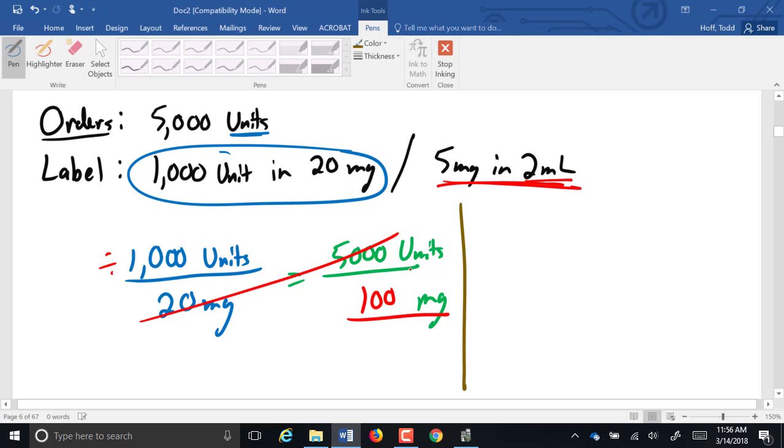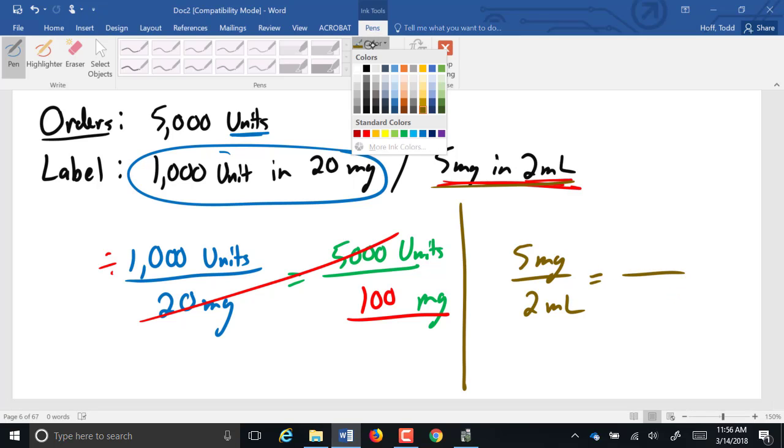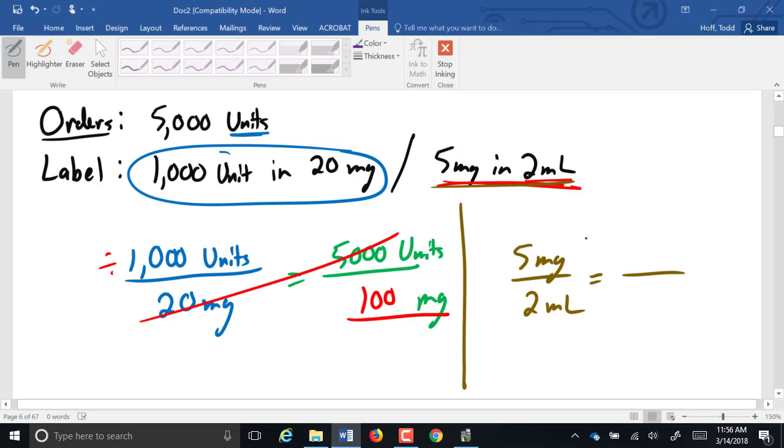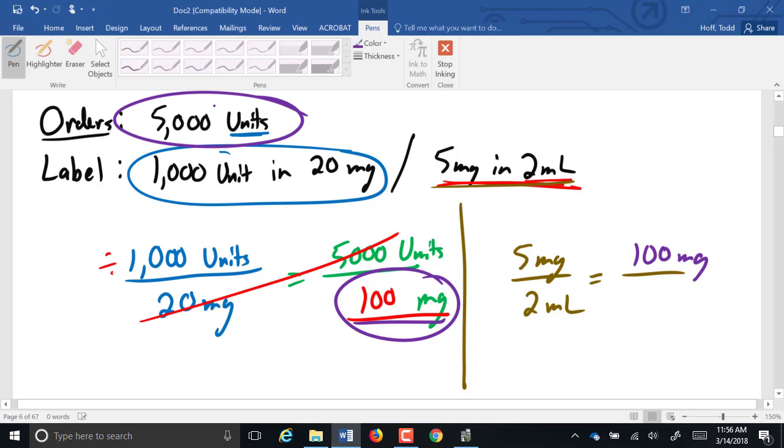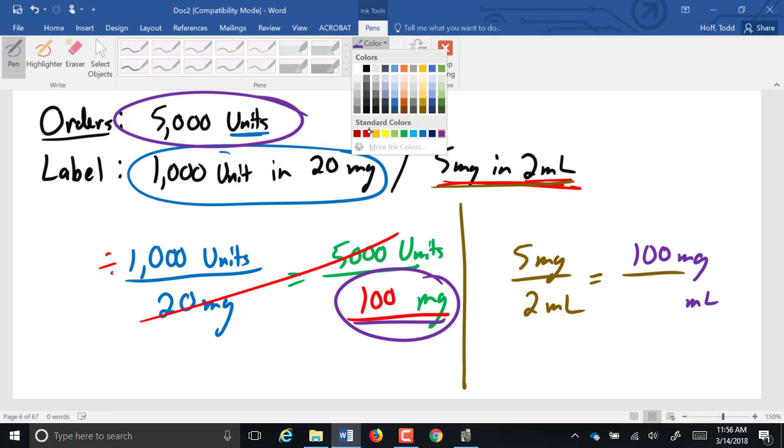So we have to set up a new proportion using this rate of 5 milligrams to 2 milliliters. And we apply things again. Well, we know that the doctor's order was 100 milligrams. That's the equivalent to that 5,000 units. Of course, this is going to end up being milliliters down here.